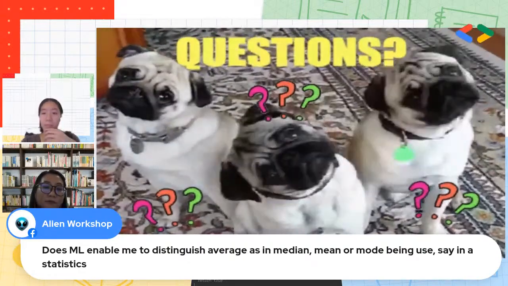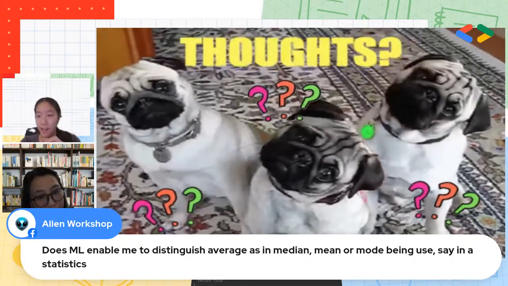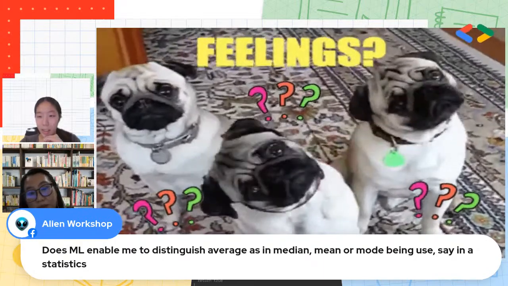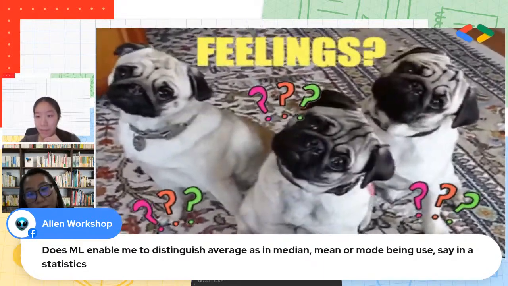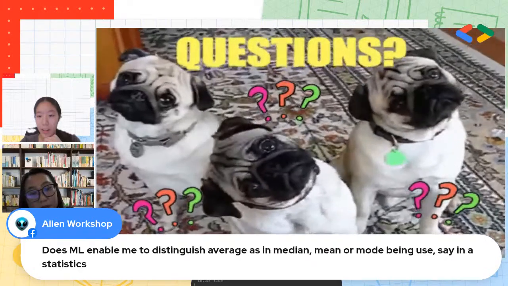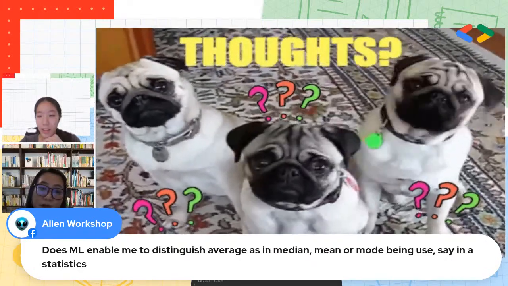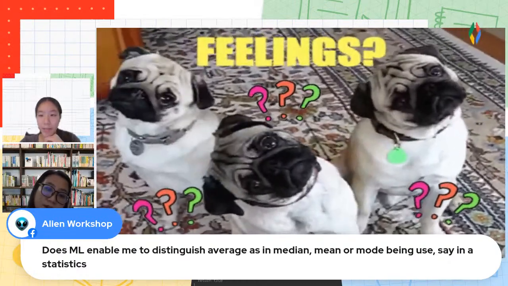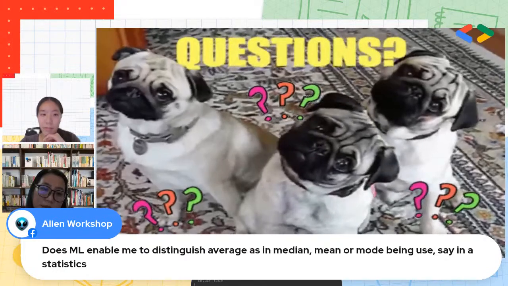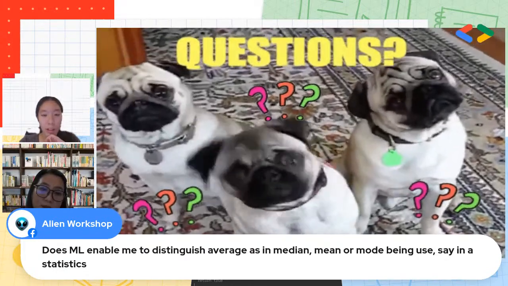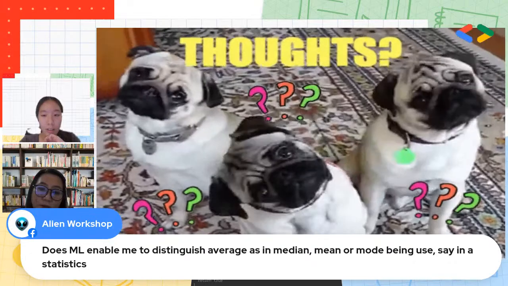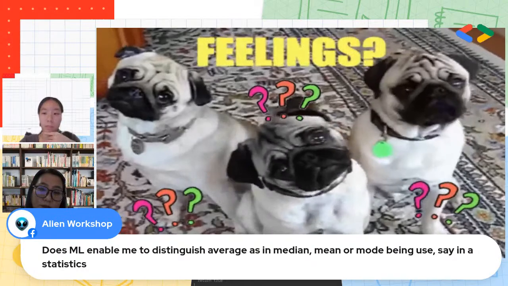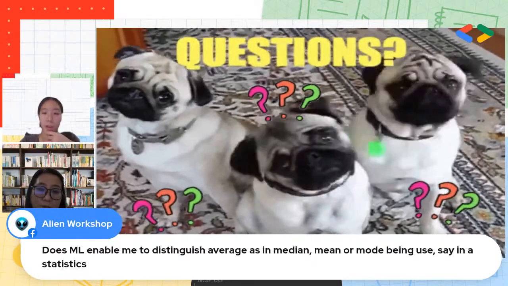Not too sure what this means exactly. I can't really understand that, but I think the question is asking, is all this median, mean, or mode being used, the average, is it the same or not? Yeah, perhaps for outlier values.